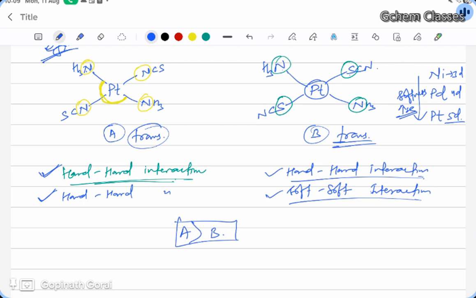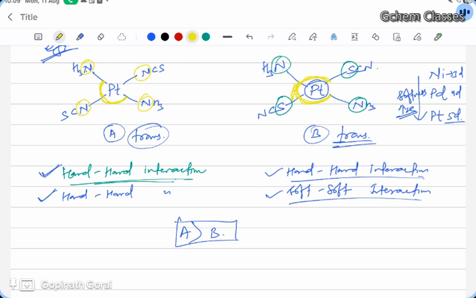So you have to look at what type of interaction there is, what type of ligand is attached on the opposite side, in the 180-degree angle. Here in this case also, this is the 180-degree angle, this is the 180-degree angle. What ligands are present at that 180-degree angle, based on that we are finding here.